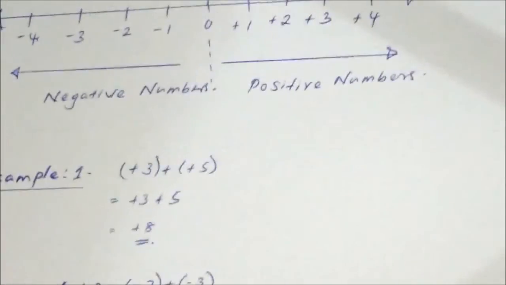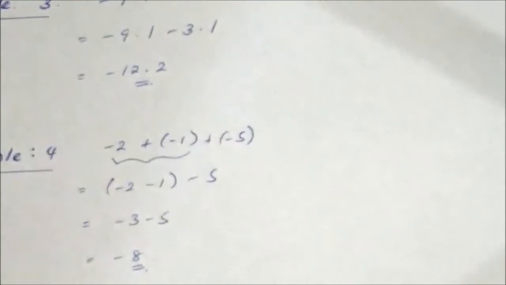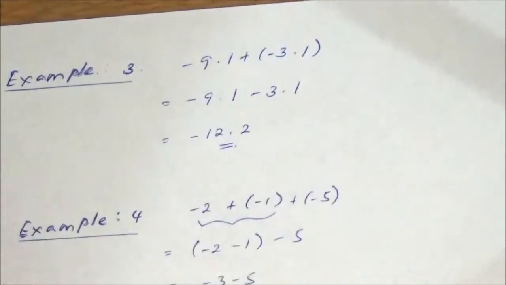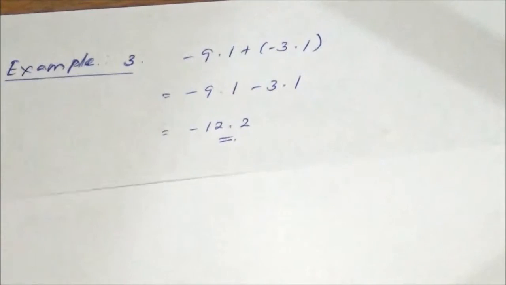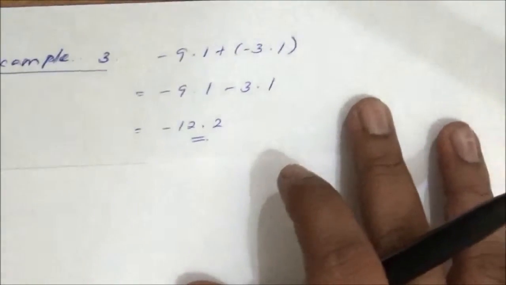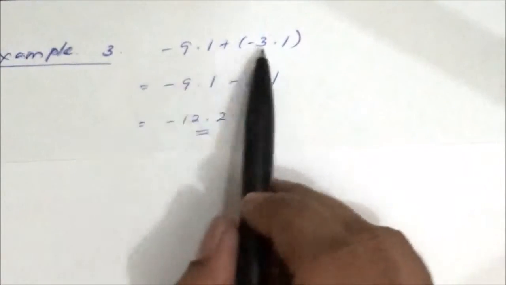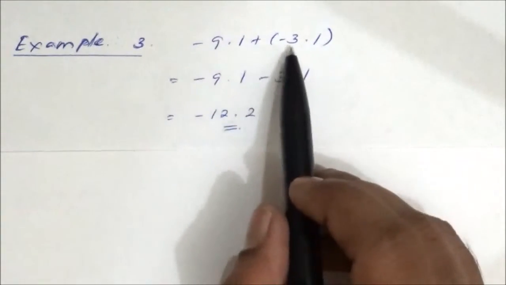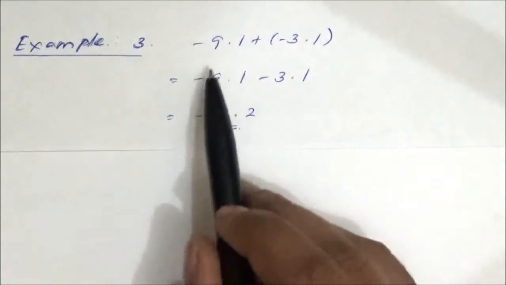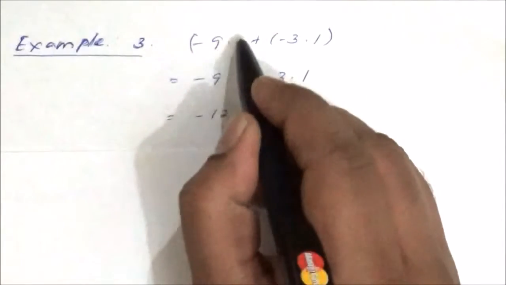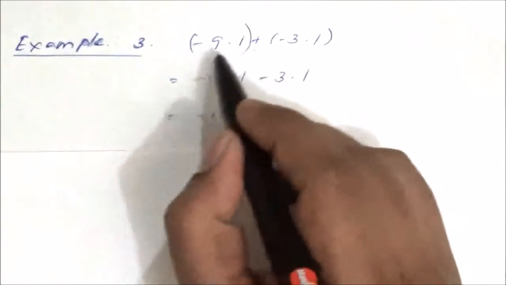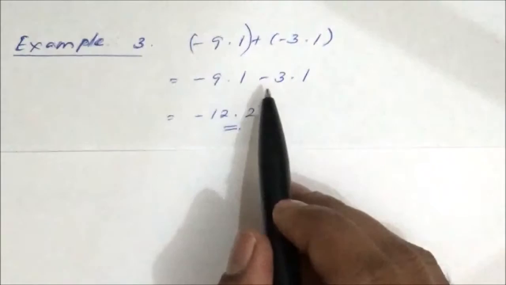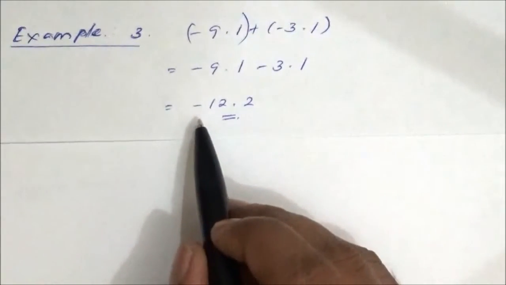I can show you some more examples. Look at this third example. Here both are negative figures but decimals, -9.1 and -3.1. Both numbers are negative, the same sign. So -9.1 and -3.1, then my final figure is also minus.